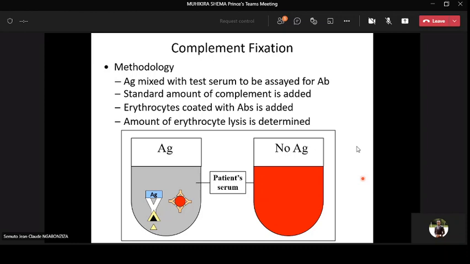Kuri ubu kubera more advances in molecular approach, more is done in molecular biology, like PCR, reverse transcriptase PCR, and detection of viruses is basically done by PCR.